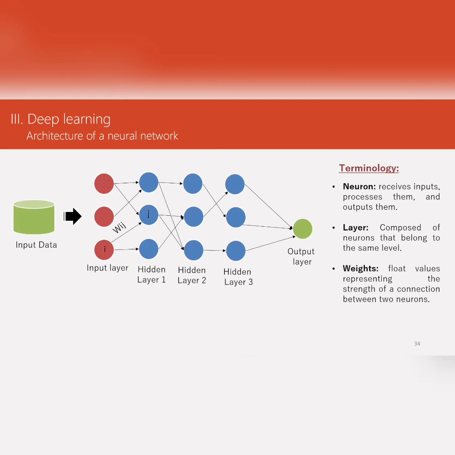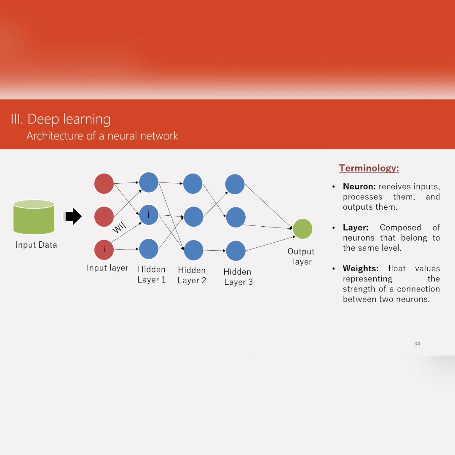The role of a neuron is that it receives an input, processes it, and outputs the processed input. A layer is composed of several neurons that belong to the same level. The weights, depending on their values, determine the strength of a connection between two neurons.